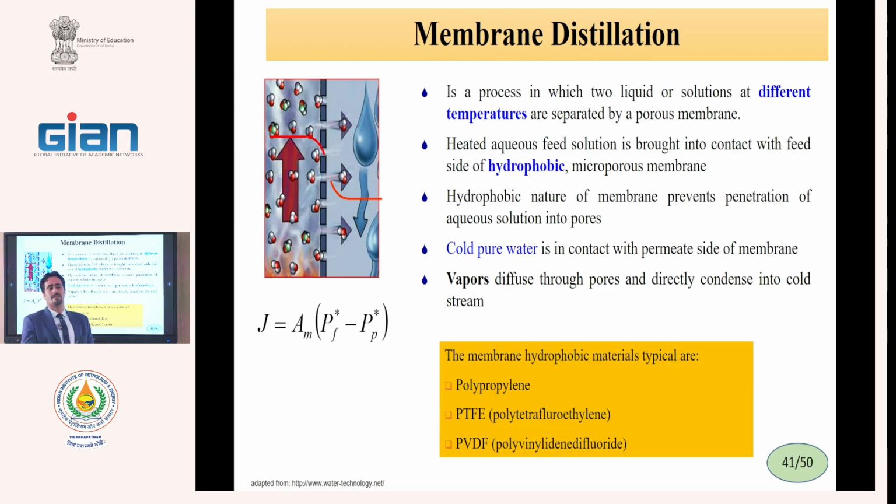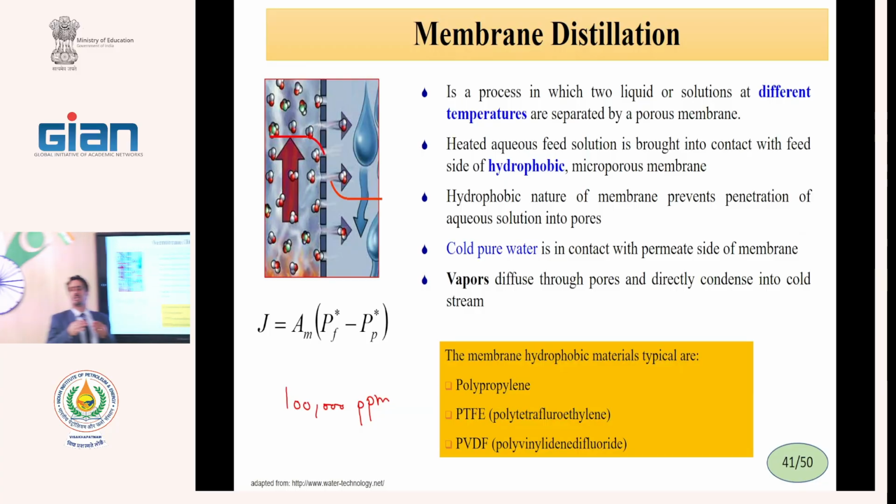In RO, when the concentration of the salt goes very high, when it reaches 100,000 ppm, RO cannot work because the osmotic pressure is very high, and this concentration causes saturation of many compounds.